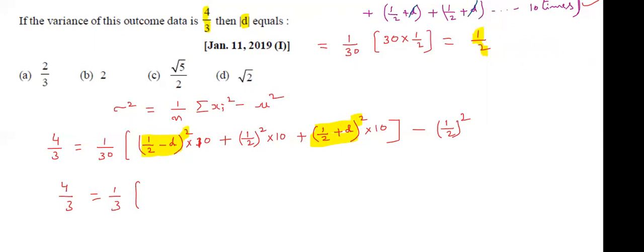The formula is 2 into (a square plus b square). That means 1/4 plus d square, plus 1/2 whole square, that is 1/4, minus 1/2 whole square, minus 1/4.